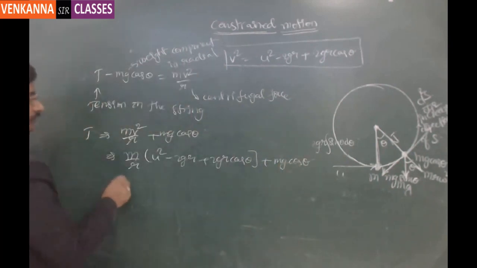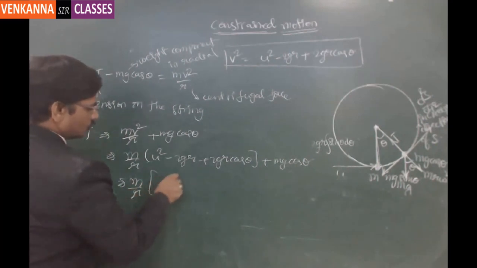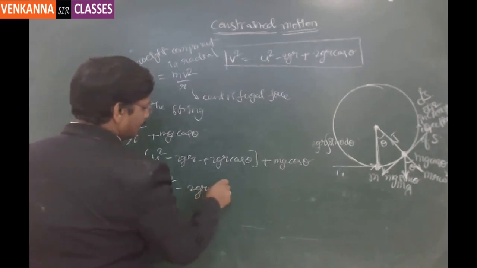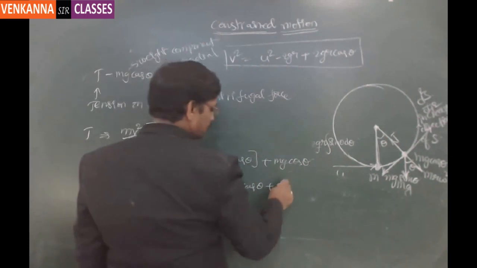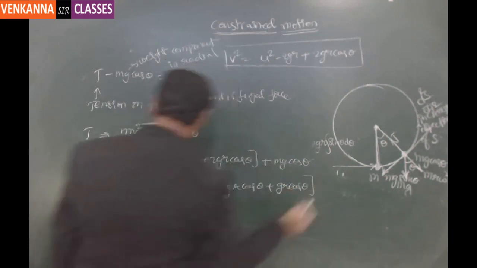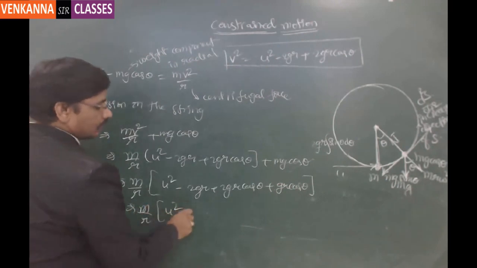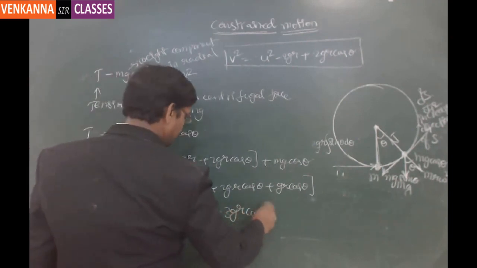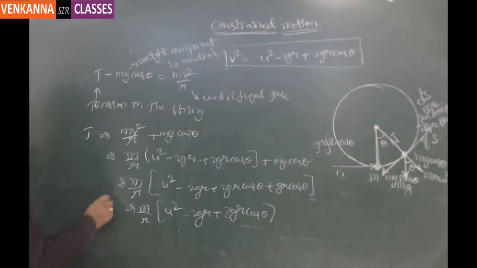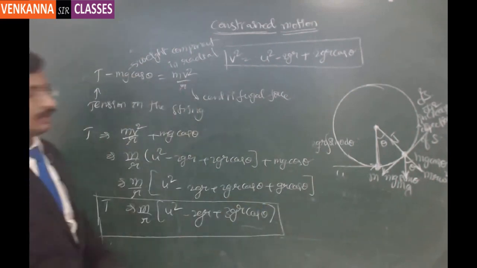Now from this relation, if you take out m by r, then it is going to be u square minus 2gr plus 2gr cos theta and plus gr cos theta. So this is going to be m by r times of u square minus 2gr plus 3gr cos theta. So this is the relation of tension and the initial velocity and the angle theta.